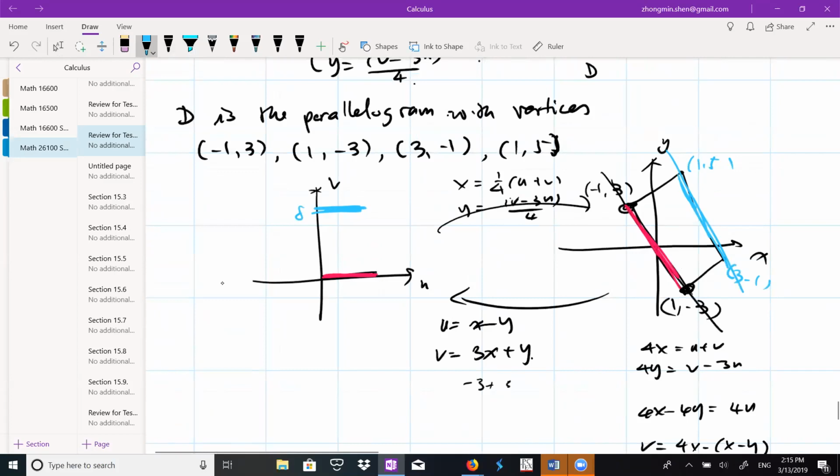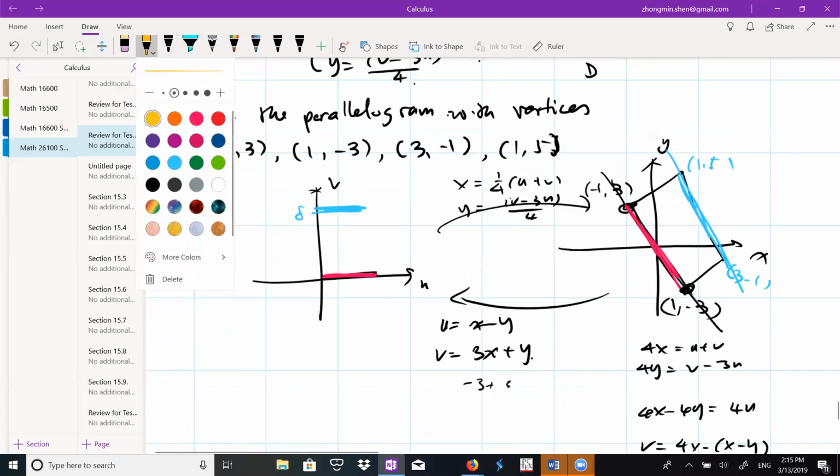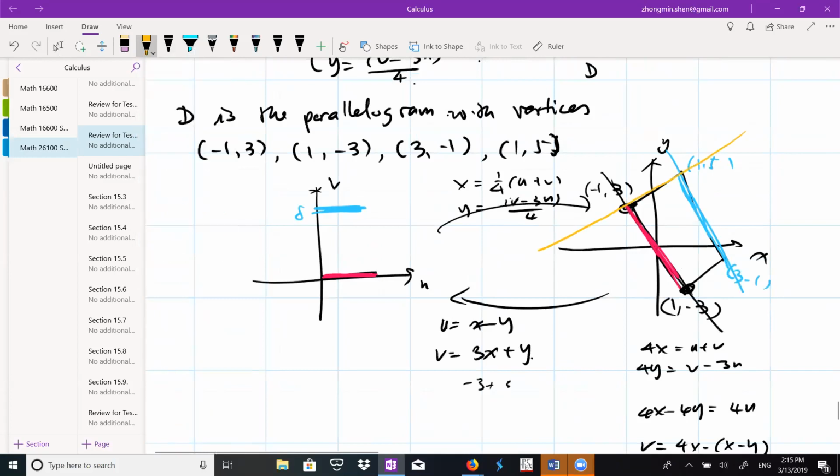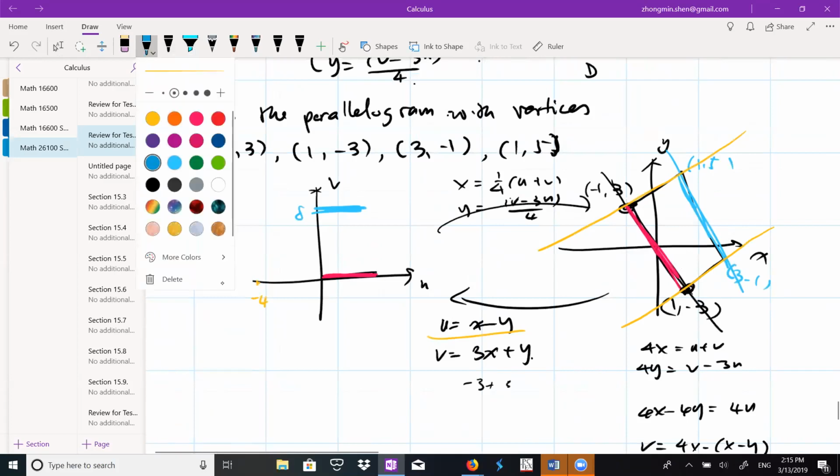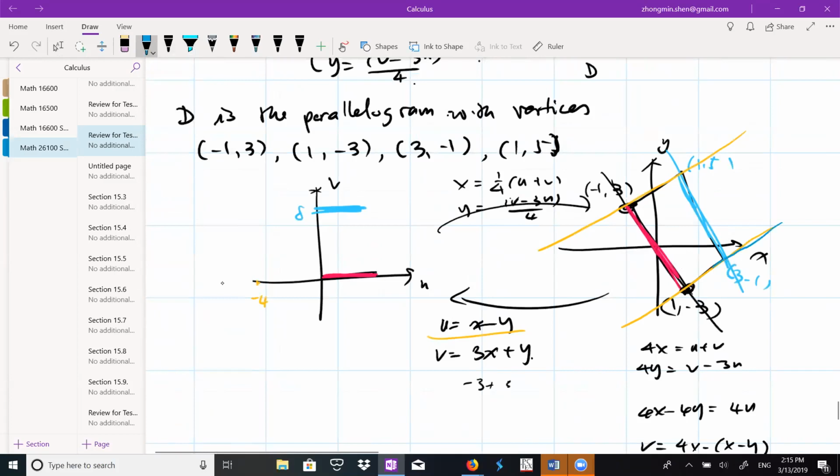How about u, right? Then you look at this line. If you plug into this equation -1 and 3, it's -4. This line actually is u equals -4. And for this line, when x equals 1, y equals -3, you get +4.